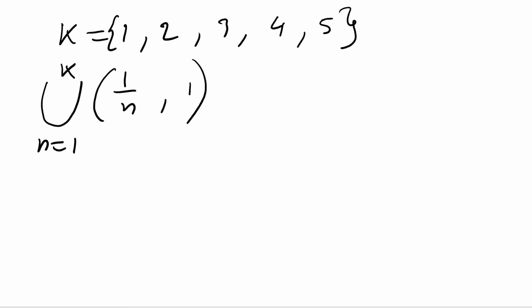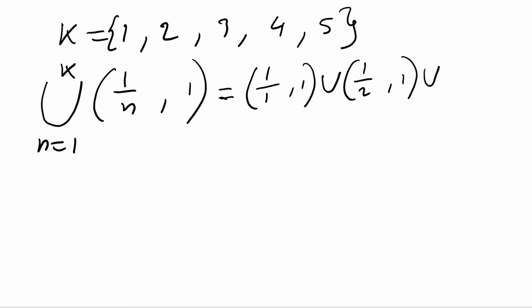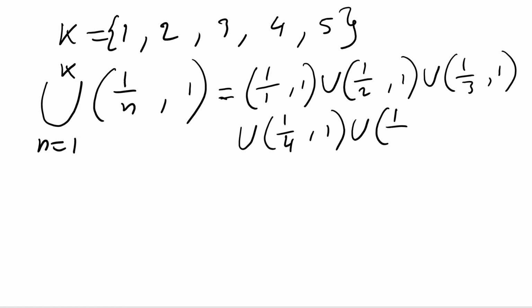So what is this set? The union is going to be (1/1, 1] union (1/2, 1] union (1/3, 1] union (1/4, 1] union (1/5, 1]. That's the union of those sets. So how can we find this set? That's the question we are asking here.